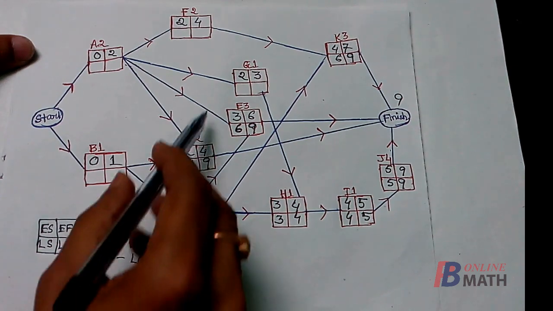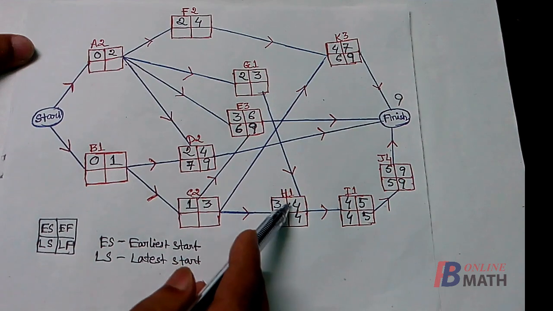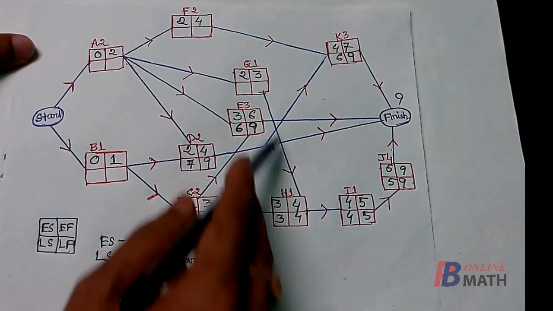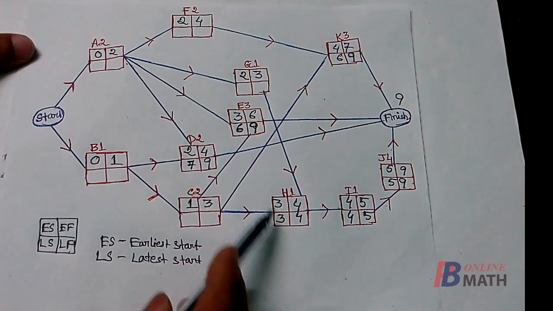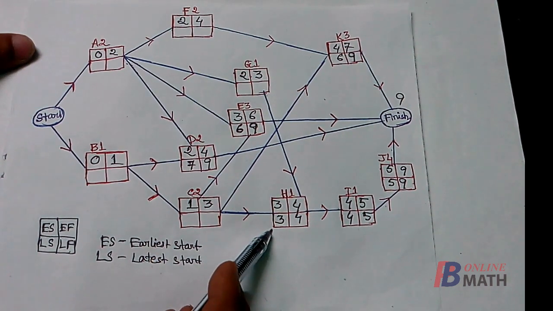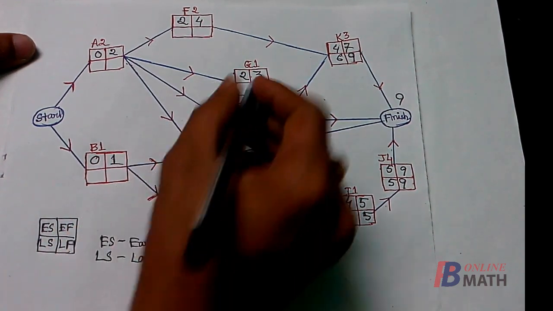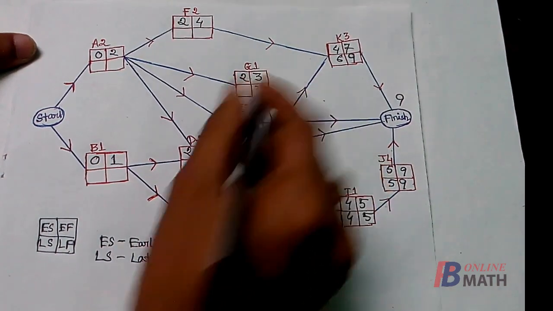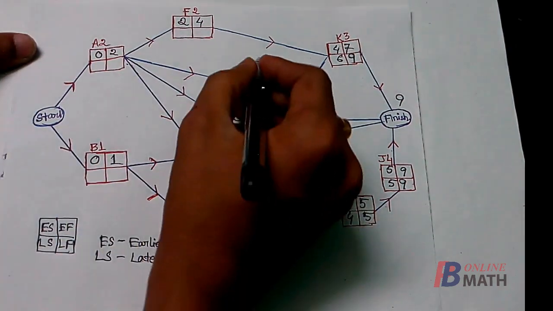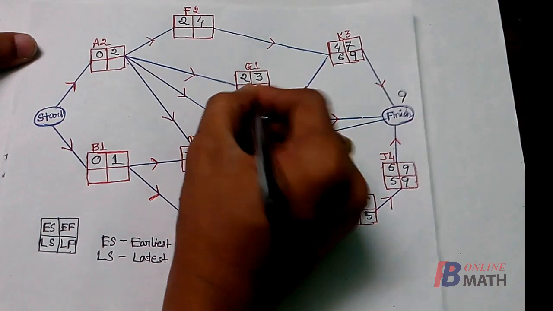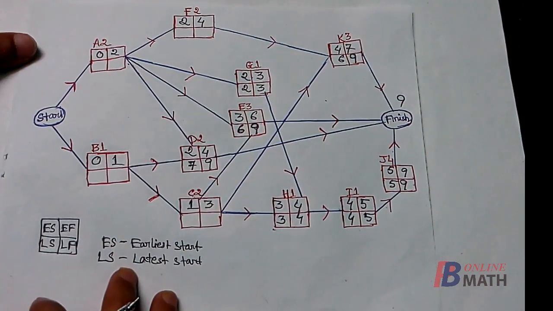Next we move to the activity G. Now the activity H can be started only after the completion of the activity G, and we have to start the activity H latest by 3 weeks. So the activity G must be completed within 3 weeks. So this 3 is the latest finish time of the activity G, and it requires 1 week. So 2. This is the latest start time of the activity G.